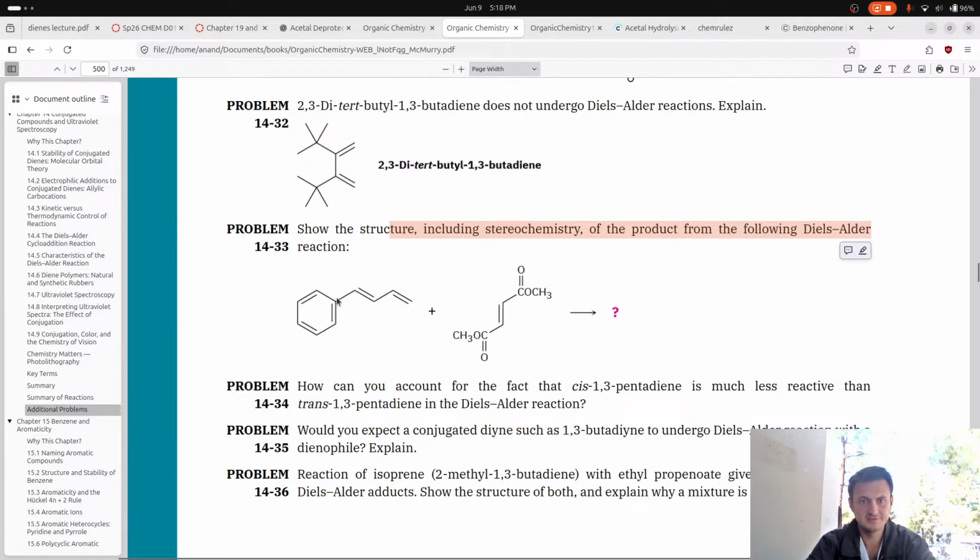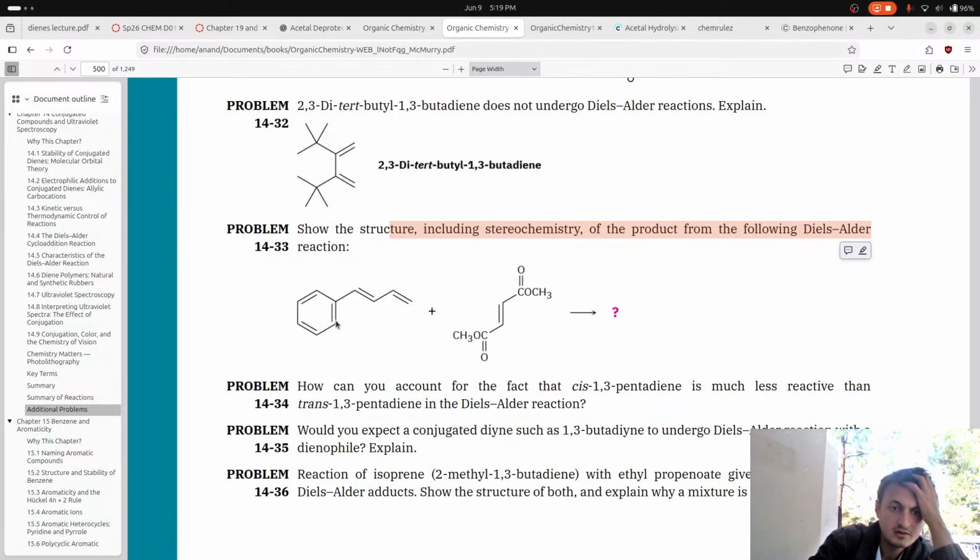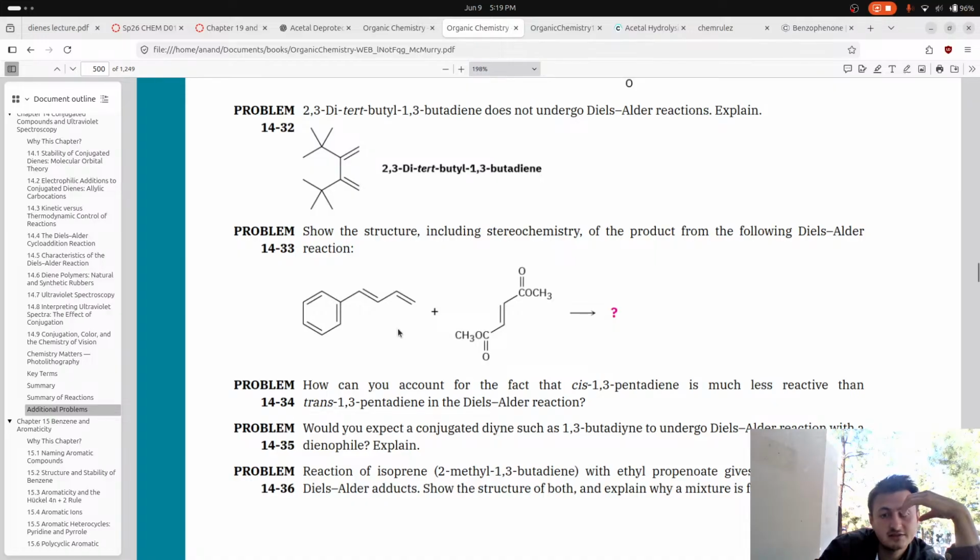You were right. This is a diene. This is a diene. This is a diene. And this is a diene. But this is the only one that can actually rotate to be... I mean, actually, can't. Why can't it? I don't exactly have time to figure that out, but why can't the diene attack here?